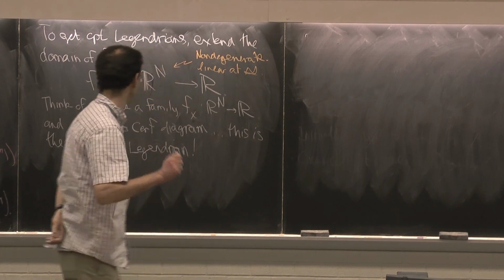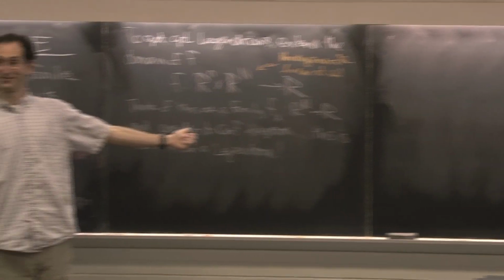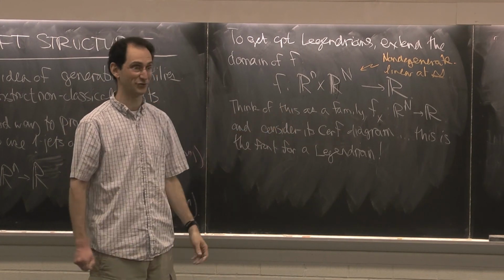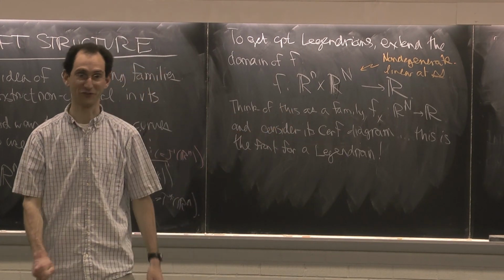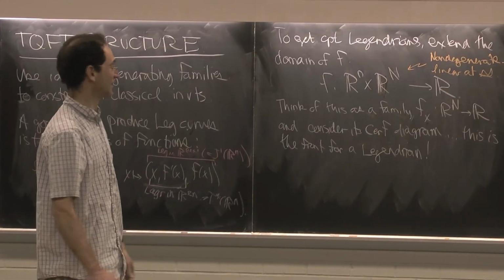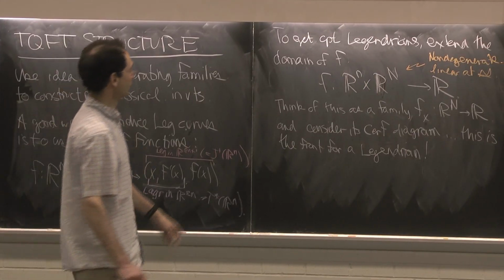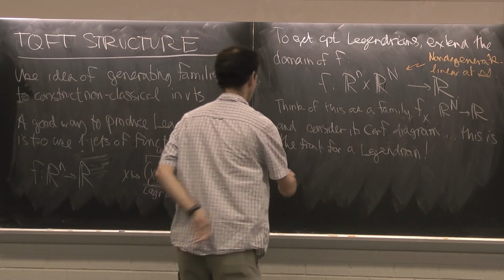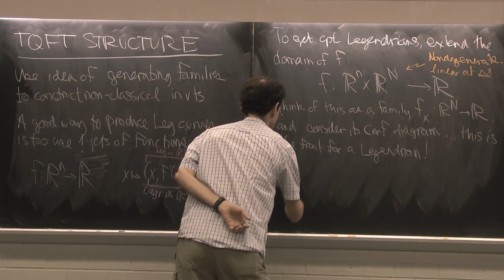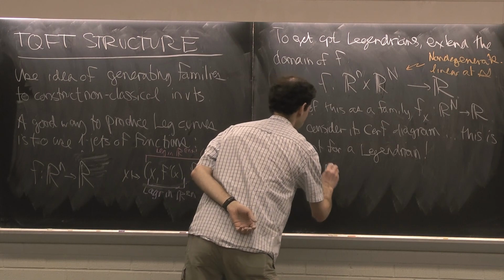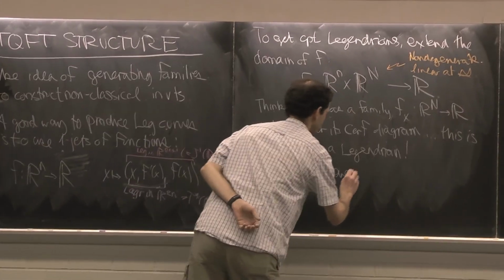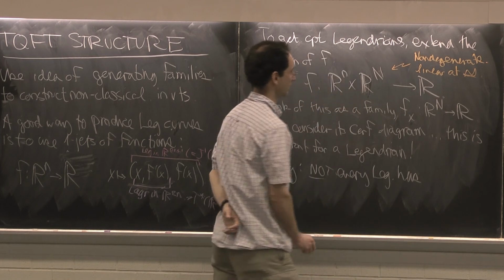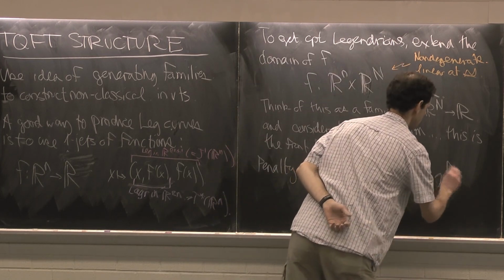Okay. By the way, this is a really cool construction because it lets us analyze Legendrian submanifolds using techniques of finite dimensional Morse theory instead of that really nasty analysis that scares me. But there's one penalty you pay, which is that not every Legendrian has a generating family.